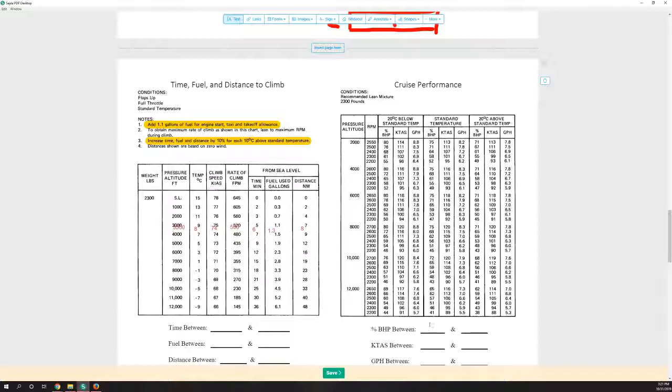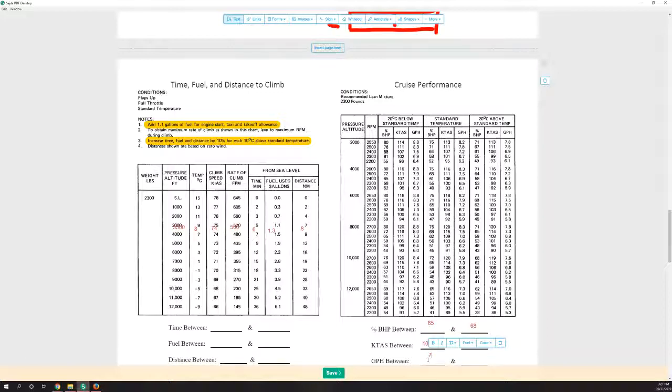So our percent brake horsepower is going to be between 65 if we are at 20 degrees Celsius below standard temperature, and 68 if we were right at standard temperature. Our knots true airspeed is going to be between 107 and 111, and our gallons per hour is going to be between 7.3 and 7.5.